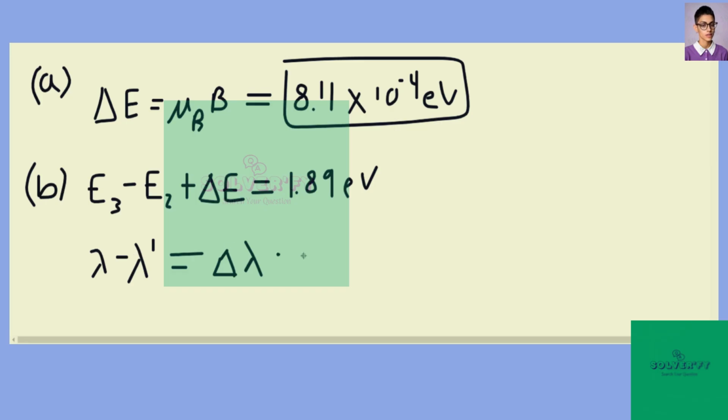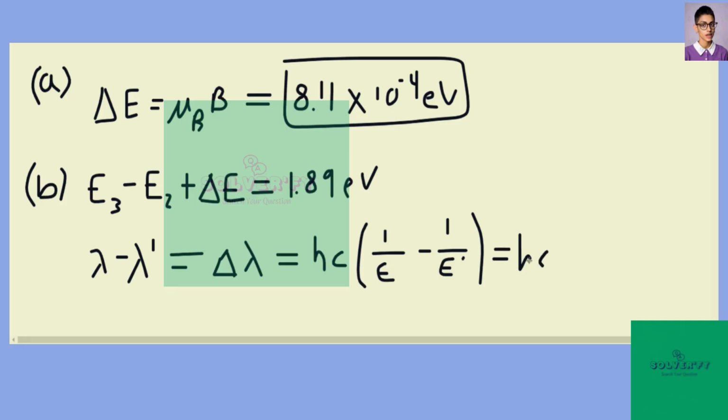So lambda minus lambda prime, or in other words, delta lambda, is equal to hc times 1 over E minus 1 over E prime, because lambda is equal to hc over E. Or we can use a little algebra to rewrite this in a nicer way. So hc times E prime minus E over E times E prime, or delta E over E times E prime.